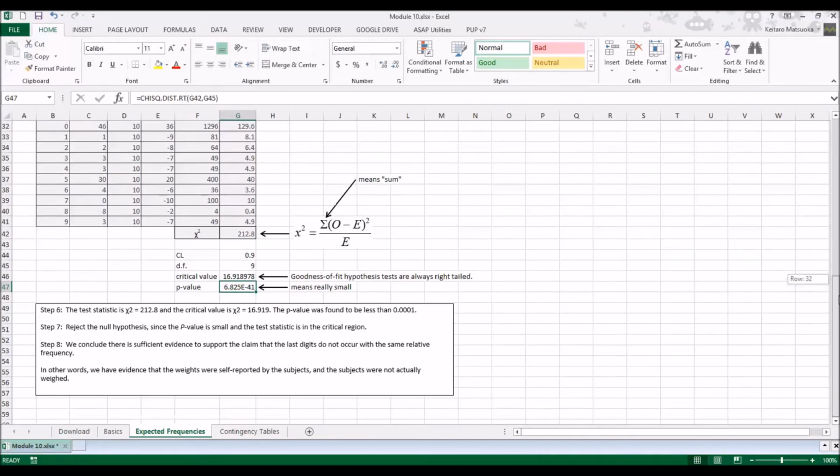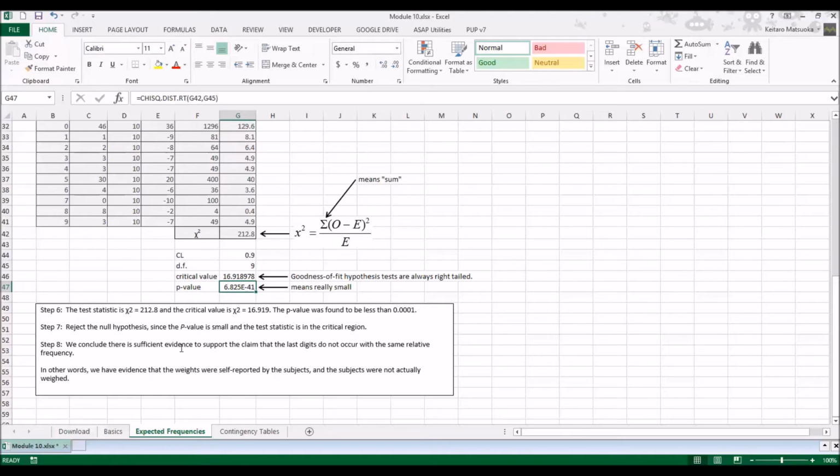Because the p-value is so small, we reject the null hypothesis. Also, looking at the critical value and the test statistic, the test statistic falls in the rejection region. So from that perspective, we also reject the null hypothesis.